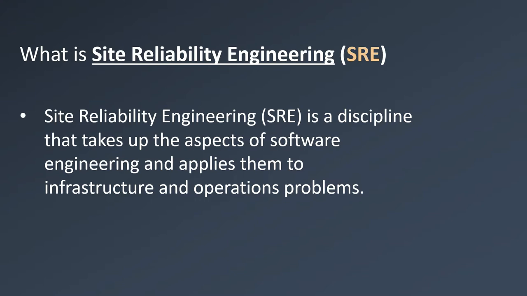We develop the software using some practices, whereas operations and infrastructure was another discipline where people were working in an ops mode. But now in SRE, we try to use the principles of software engineering and apply them to this problem.